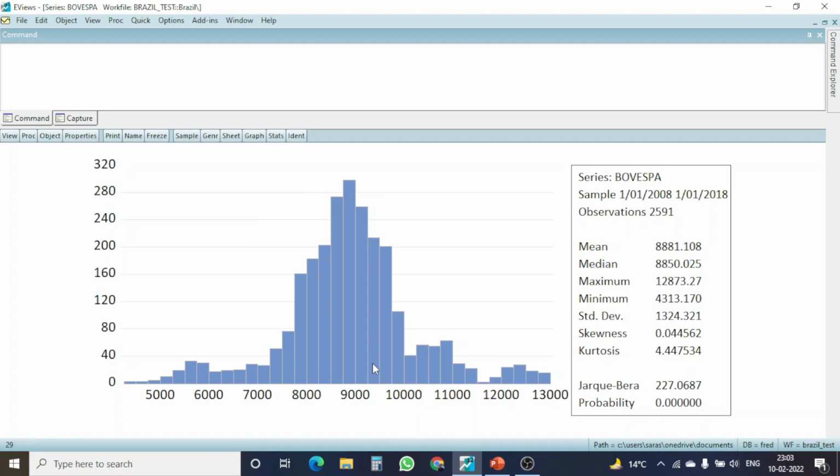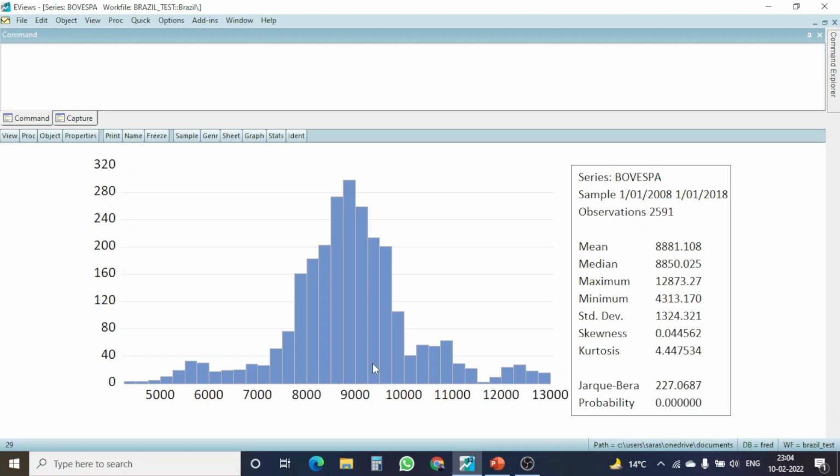From the histogram it seems to be normal, but it also seems to be a highly steep curve. So let's see how we have to interpret these results provided by EViews.